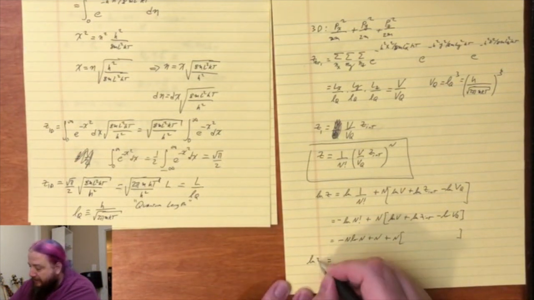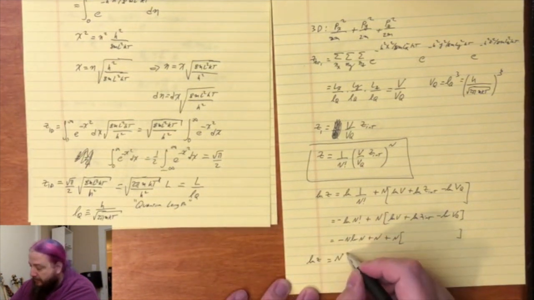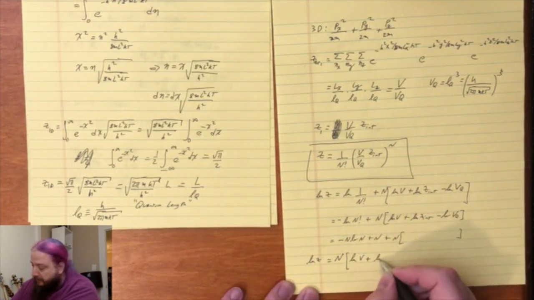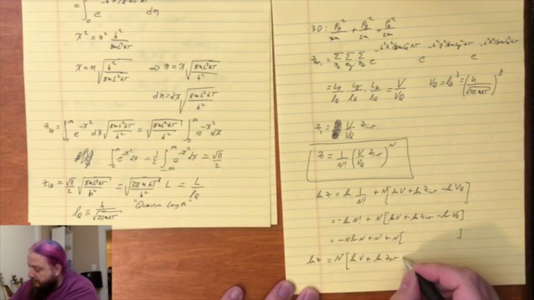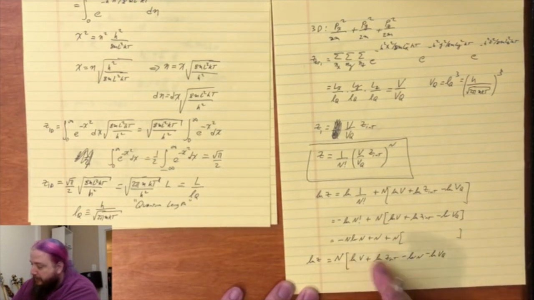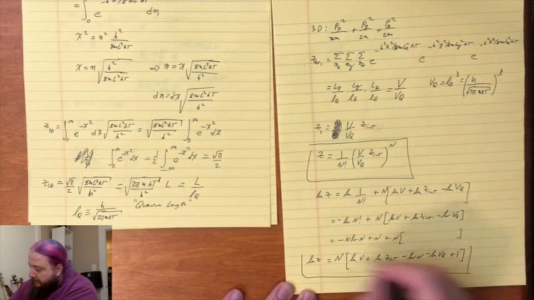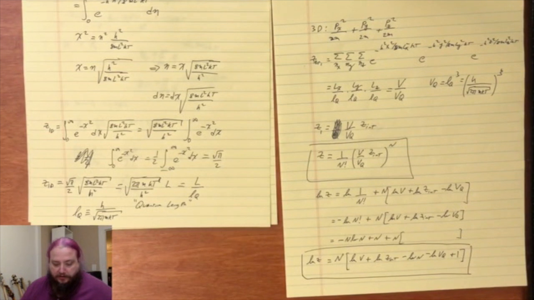So log Z is N times log V plus log z interior minus log N minus log of quantum volume, and then plus 1. All right, and so that's the logarithm of our partition function.